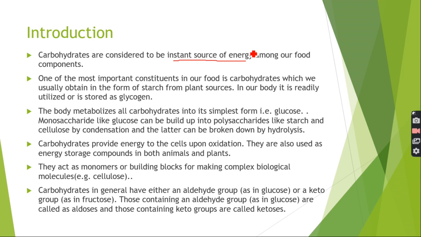Let us start with the main type of carbohydrate you have been consuming since you were a child or an infant. One of the main carbohydrates that we consume is in the form of starch. I'm sure everybody would have heard the name of starch, and this starch is usually obtained from plant sources.